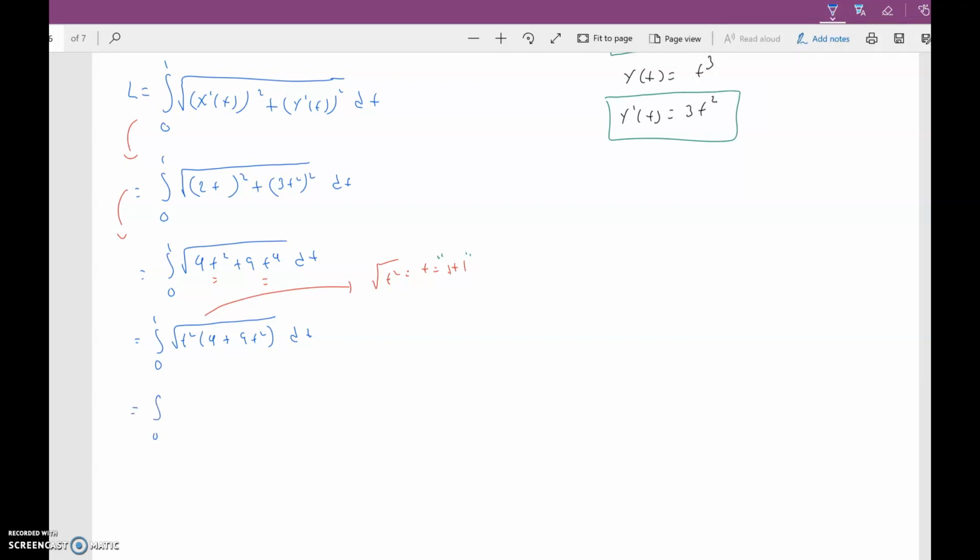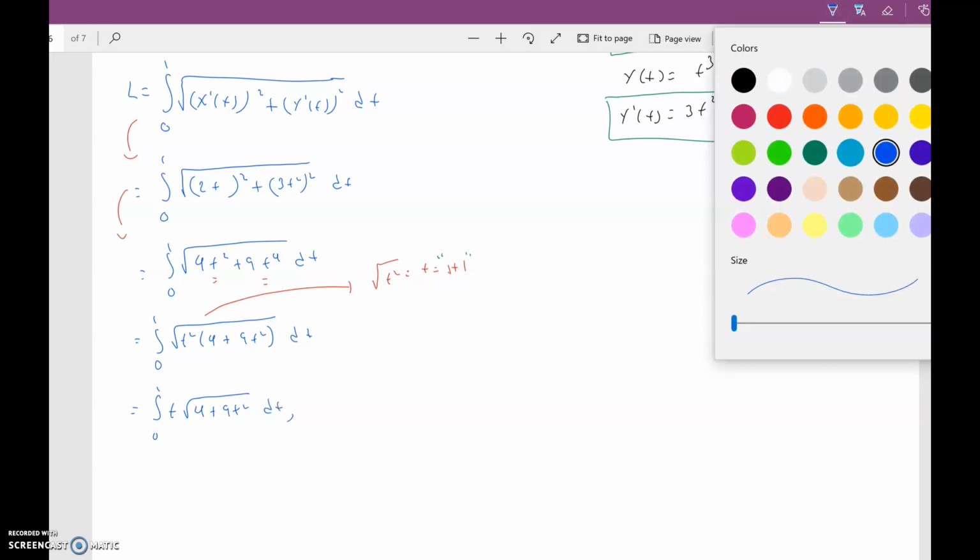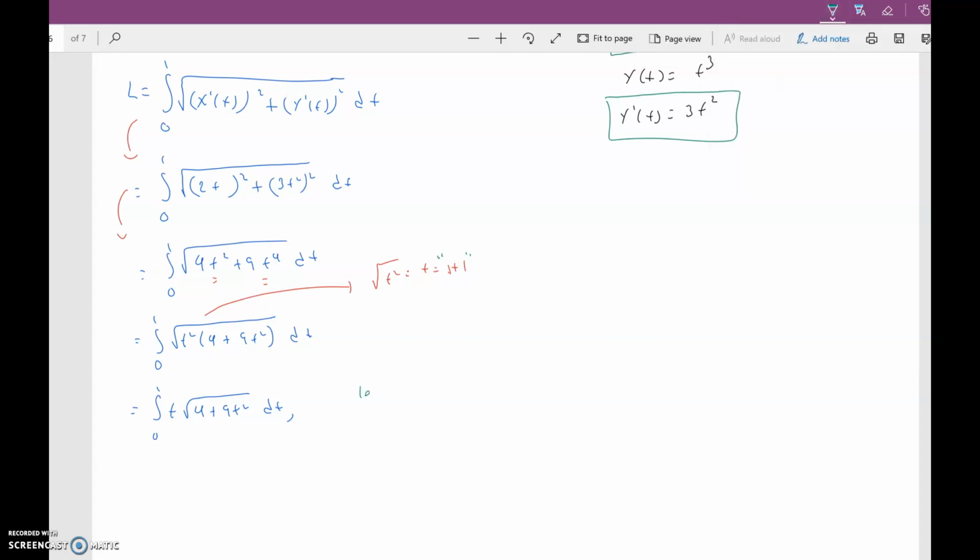So this is going to be from 0 to 1, technically t, square root of 4 plus 9t to the second, dt. And from here, let me attempt to do a u substitution. So let u equal 4 plus 9t squared.